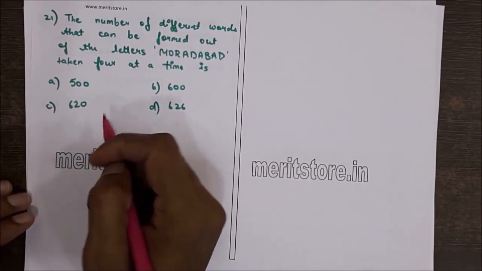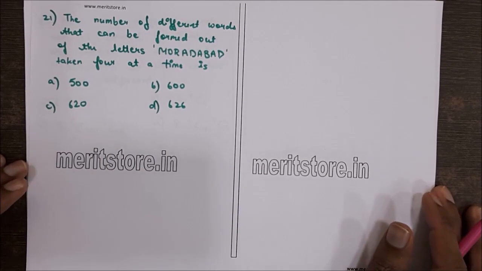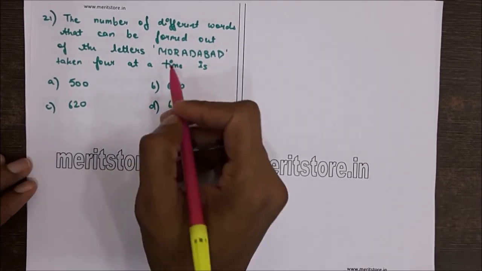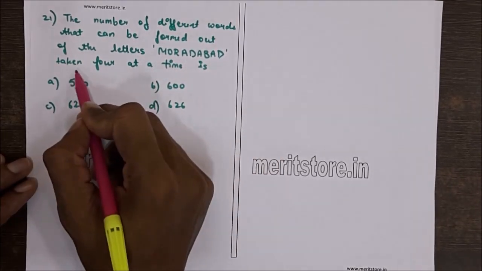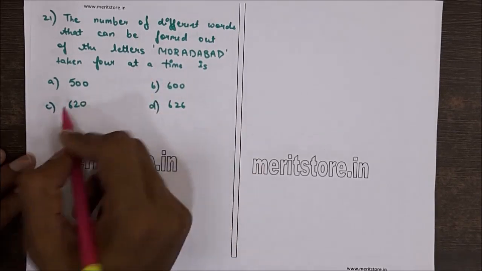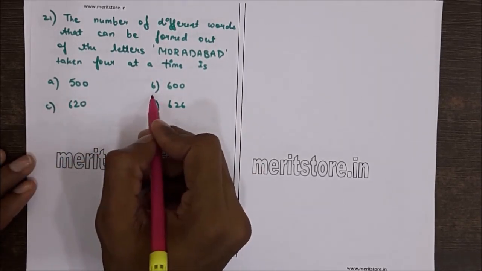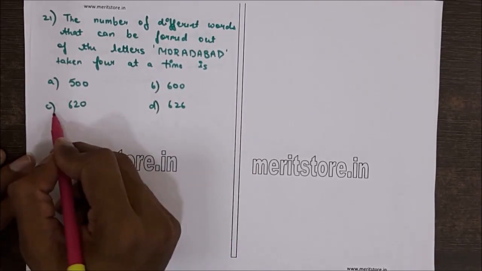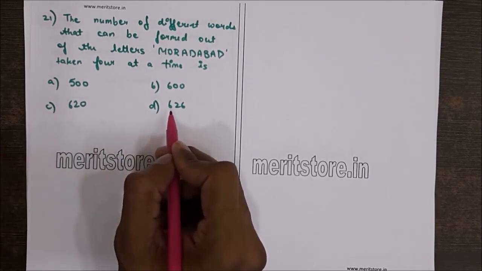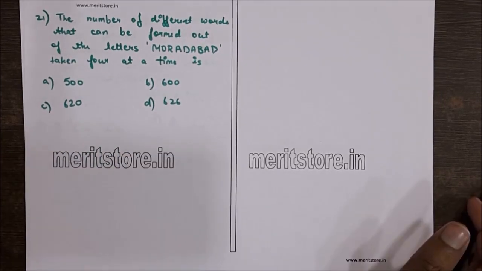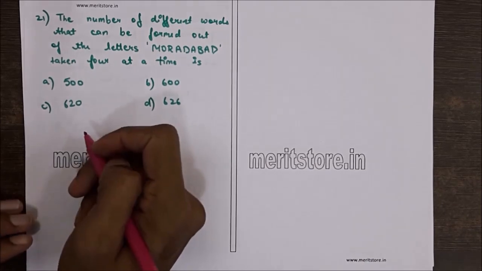Question 21. The number of different words that can be formed out of the letters of Murdabad taken 4 at a time, as we have 4 options: A 500, B 600, C 620, D 626.